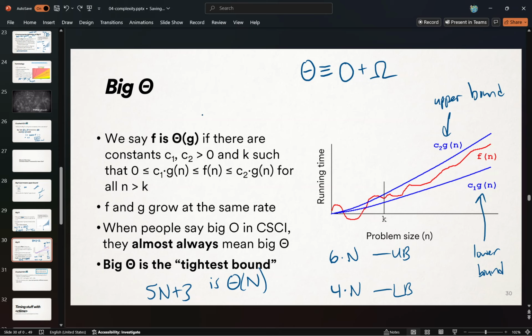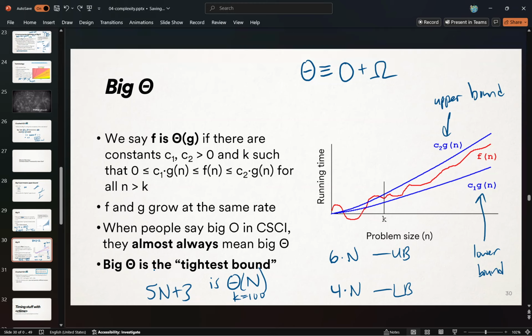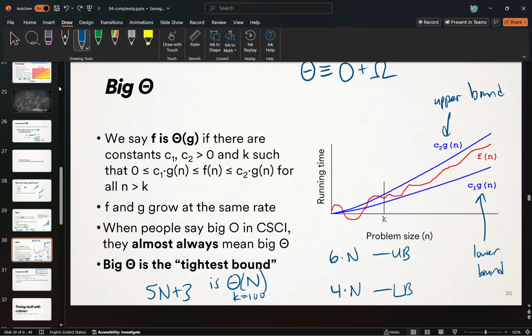So at the start, maybe the plus 3 is kind of ruining things, but eventually it will work out. At what point in time do these constants win out? Let's go to 100, probably fine, right? Because if k equals 100, then 5n plus 3 is giving me 503.